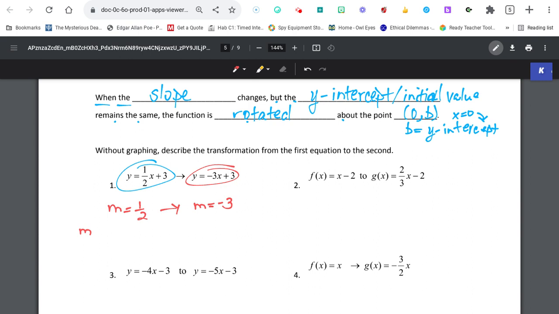The absolute value of 1/2 is 1/2, but the absolute value of negative 3 is 3. So I know this line got steeper because the absolute value of the slope went up. But it was also rotated about the y-intercept, basically 0, 3, that fixed point.